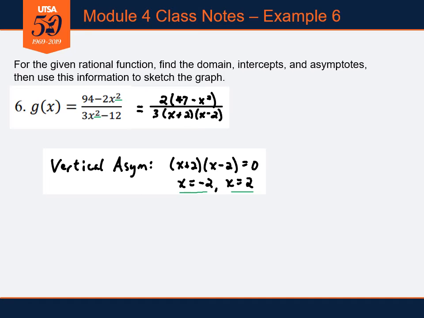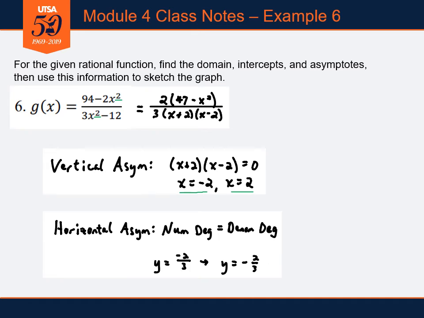So we take the fraction of leading coefficients, which are -2 and +3. That fraction, -2/3, means y equals -2/3 is our horizontal asymptote. We've got all the asymptotes and all the intercepts. Let's plot those puppies and see what our graph looks like.